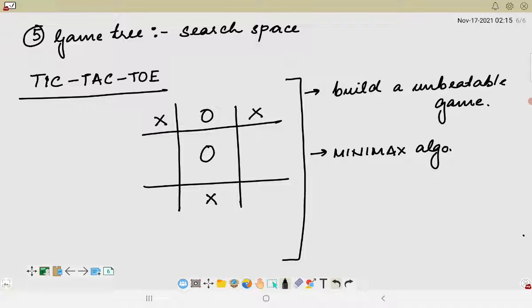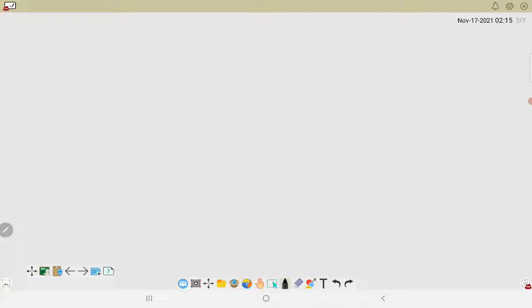Now there are certain assumptions related to the Minimax algorithm, and let me write it down. So this is the Minimax algorithm that we will be talking about. There are certain assumptions.